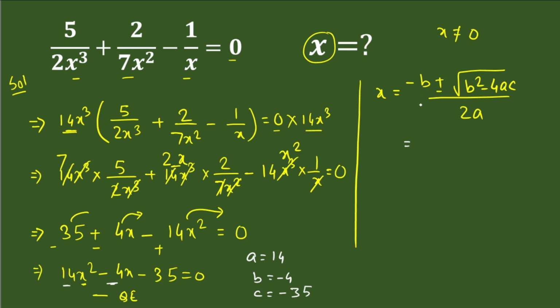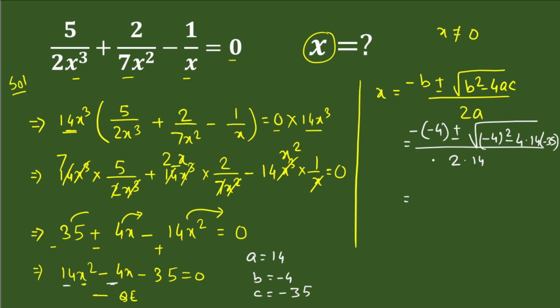So here it is negative b, so negative b is 4. Negative of negative 4 plus minus square root of b square, meaning negative 4 square, minus 4 times a, that is 14, and the value of c is negative 35, and the whole thing is divided by 2a, so 2 times the value of a, 14. Now let's simplify it.